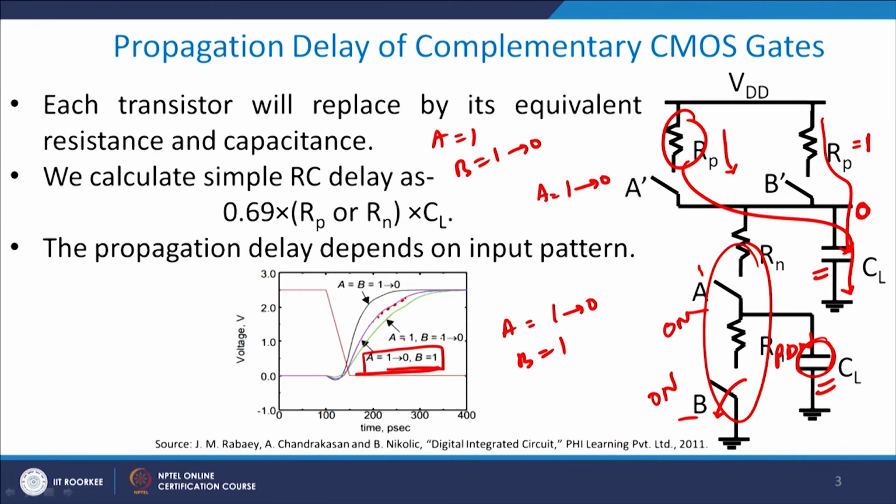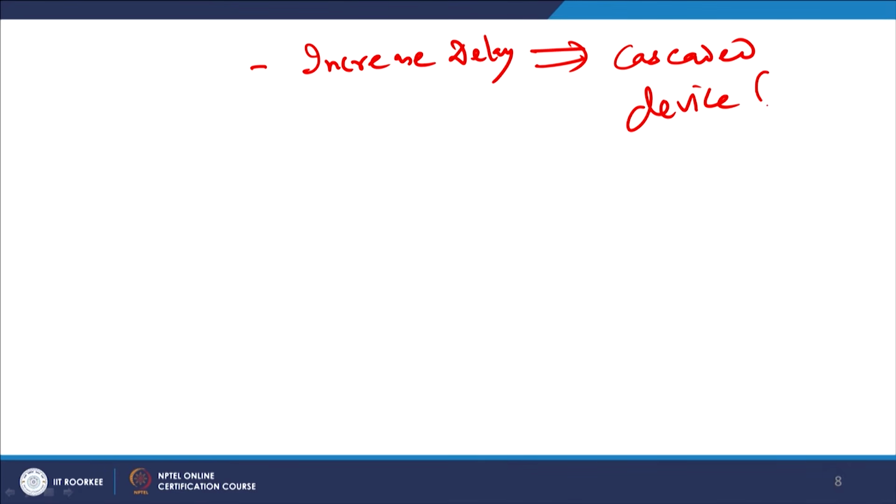So if you want to increase the delay, then you cascade devices in series. When you put in series, the R value increases, and therefore you will get a larger RC delay, and similarly obviously the low value will be there.